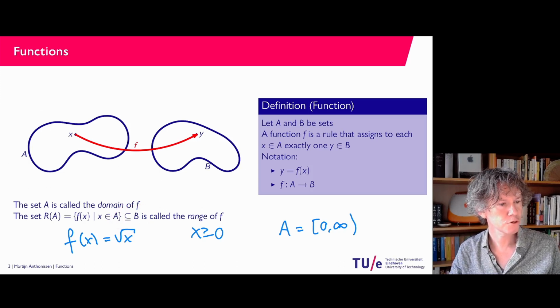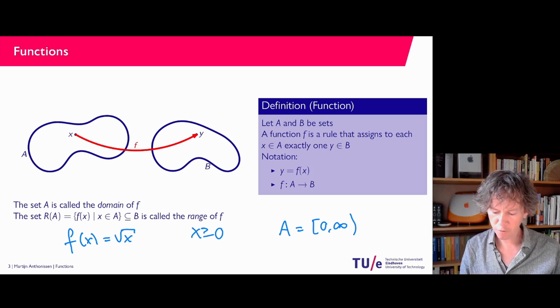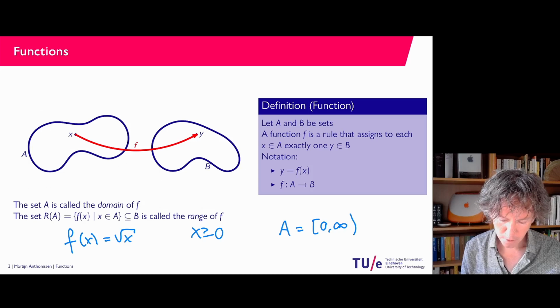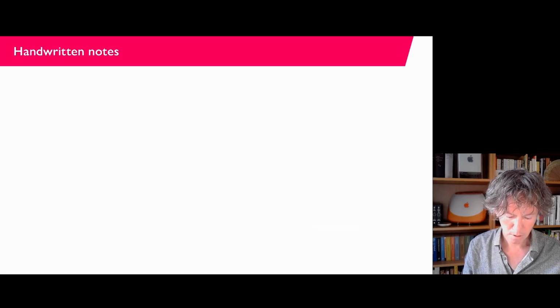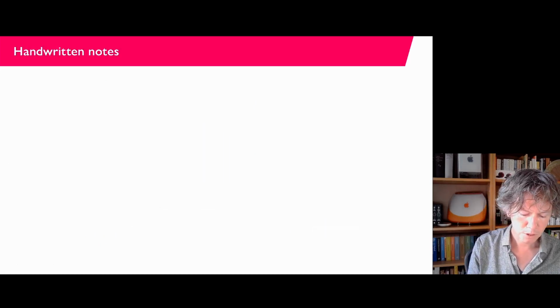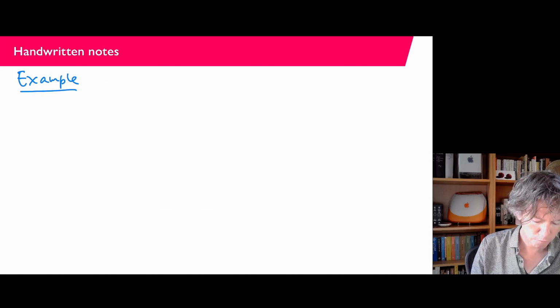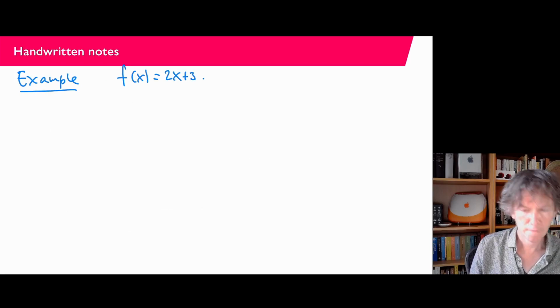So, for instance, a very simple function. Let me grab a bit of paper here. So, let's see what this means. So, first example is a straight line, if you would draw the graph of the function. So, I'm going to consider the function f of x equals 2x plus 3.